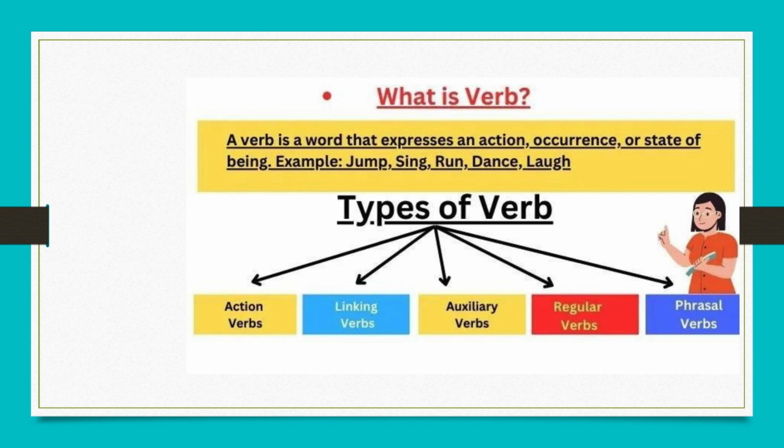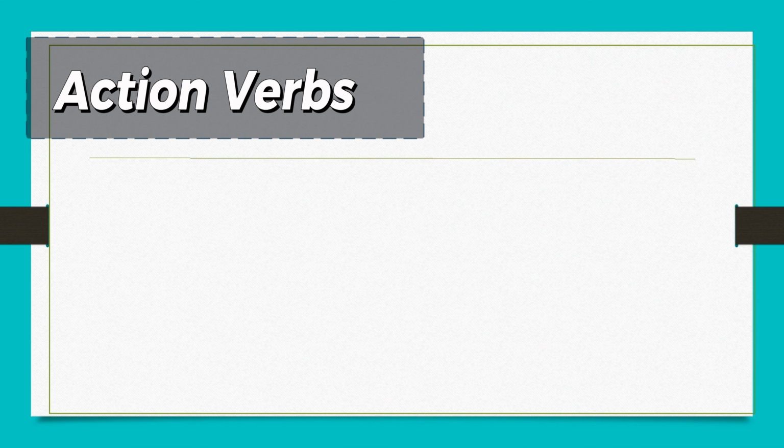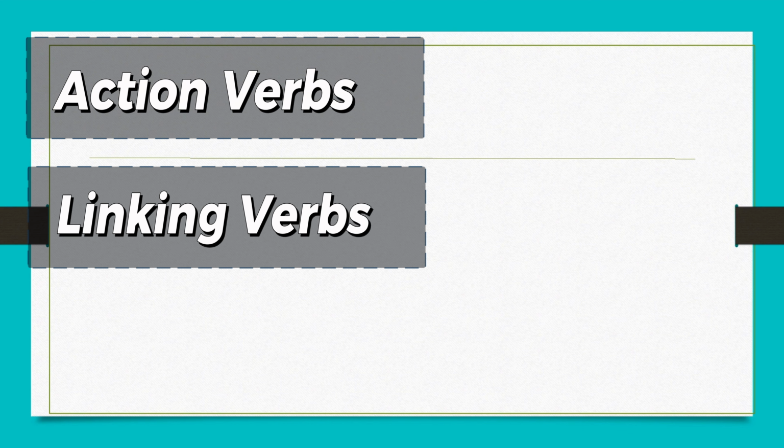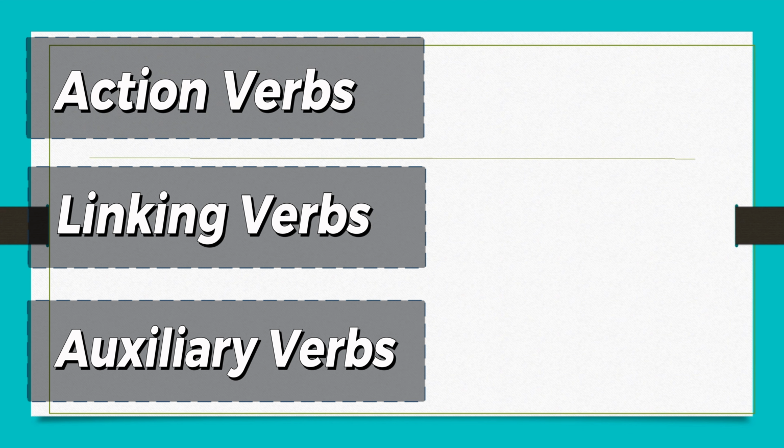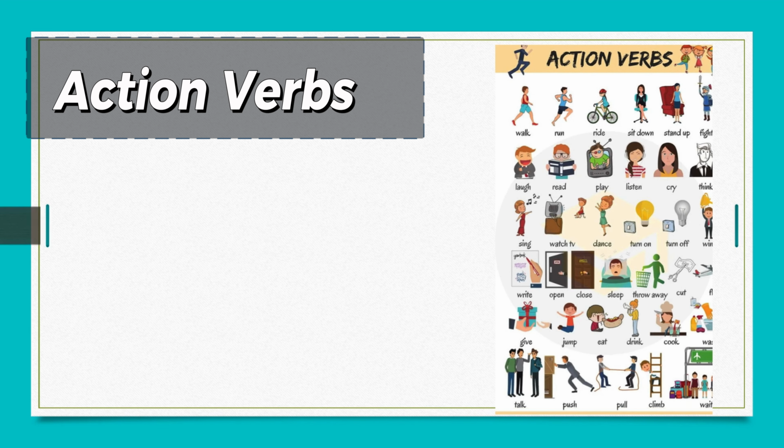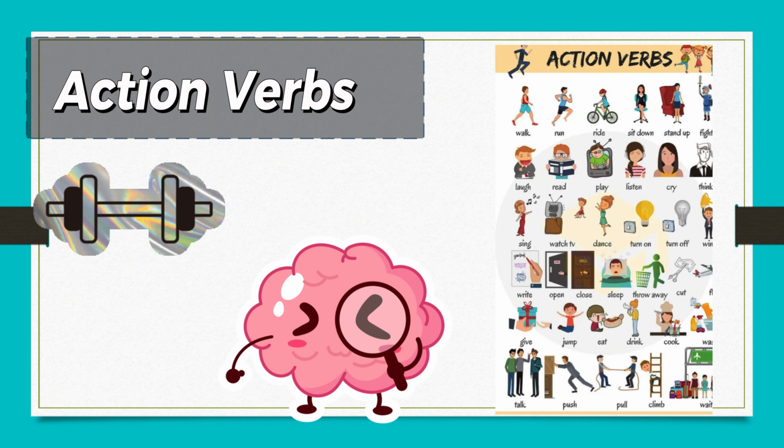Now that we know what a verb is, let's talk about the different types of verbs. There are several types, but we'll focus on the main common ones: action verbs, linking verbs, and auxiliary verbs. First, we have action verbs. These are the most straightforward. They describe physical or mental actions.